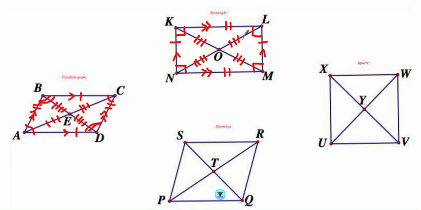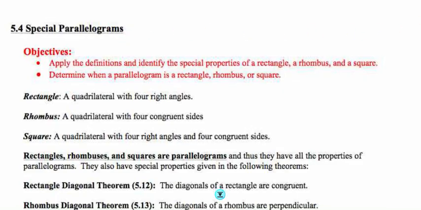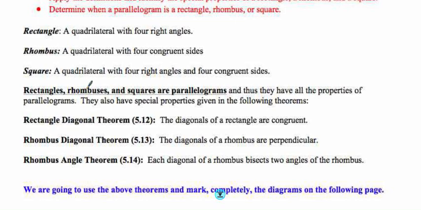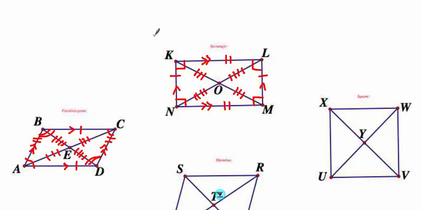And then if we go back and have a quick look at our theorem 5.12, in addition to the definition of a rectangle, which is a quadrilateral with four right angles, we also have the rectangle diagonal theorem, which says that the diagonals of a rectangle are congruent.